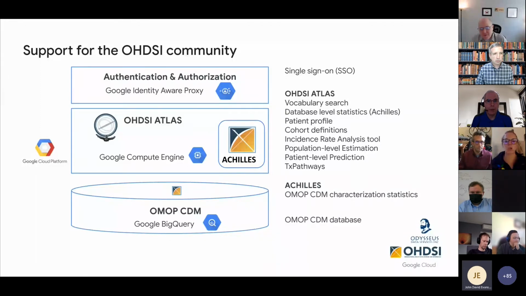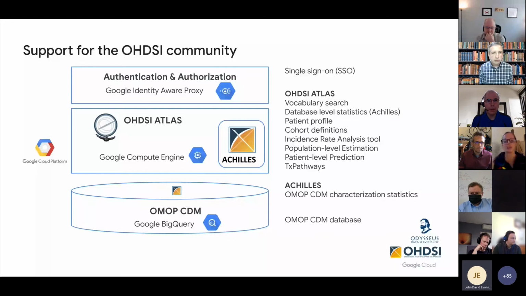BigQuery is our data warehousing product. It's basically a very large scalable SQL product, and one of the amazing things about it is it helps users scale to petabyte-level size. I'll talk a little bit about what that means when we talk about the tool suite.